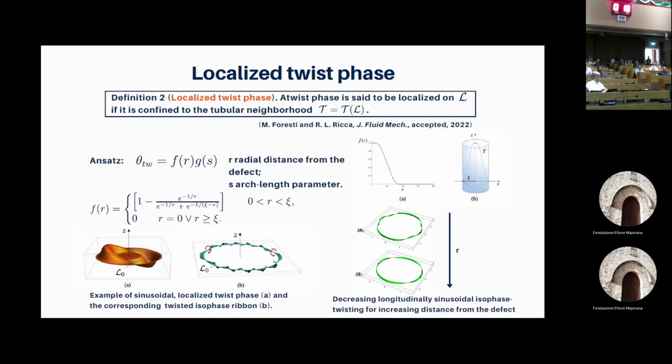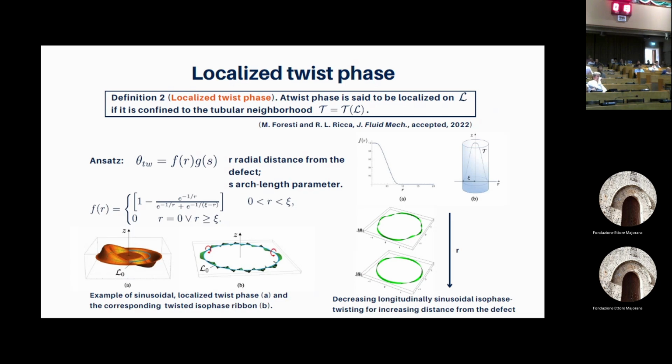So it decreases very rapidly to 0 at the center of the vortex and outside the tubular neighborhood. Along the vortex, you can fix whatever you want. For example, here you have a continuous sinusoidal theta twist along the vortex ring.